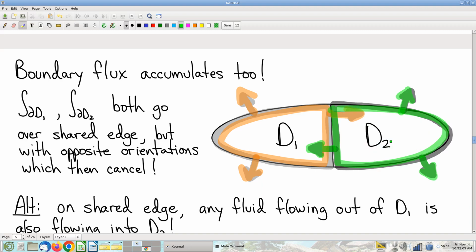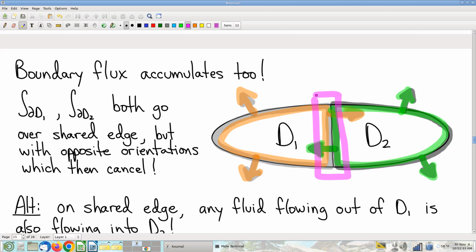So, orange is the outward-oriented boundary flux for the left, green is for the right, and when you add those up, of course, we're concerned about what's going on here. We're concerned about the overlap, right? But notice what I've got is flux through a single curve, computed twice, with opposite orientations.